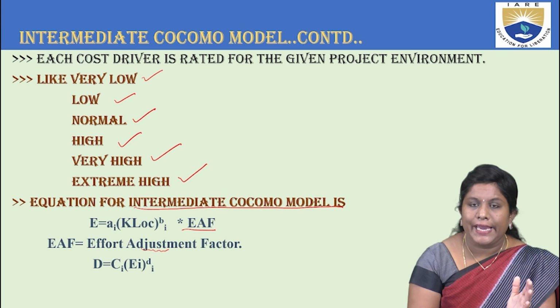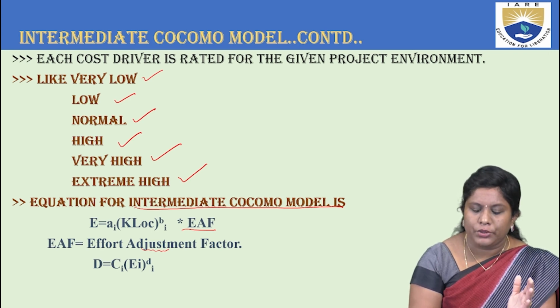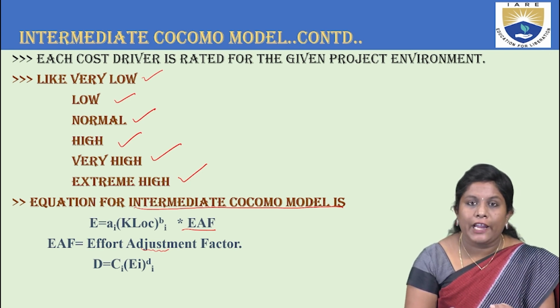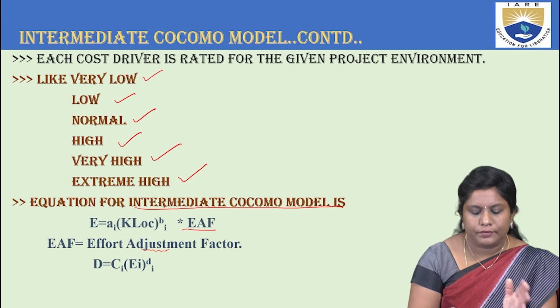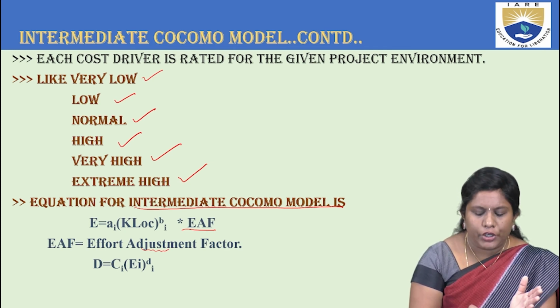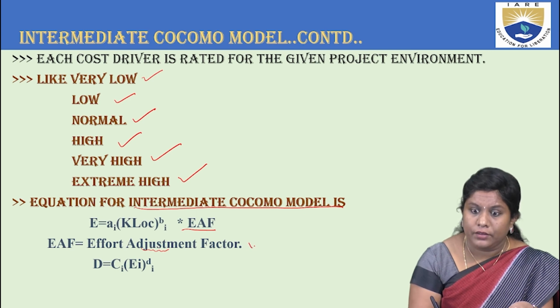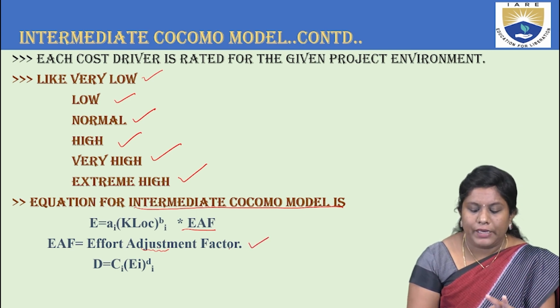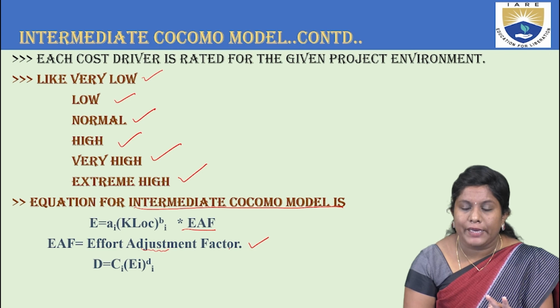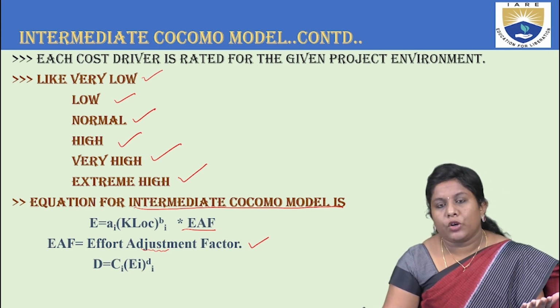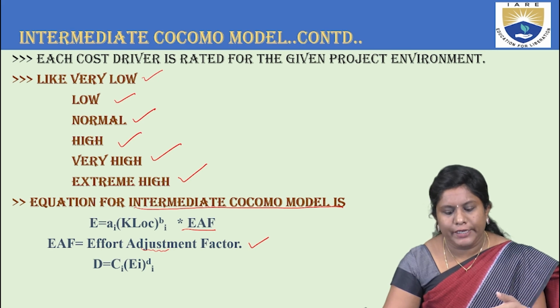Now, once this EAF is known, you need to substitute them into the relevant things where AI and BI are again coefficients where the values will be given. KLOC also will be given in the question itself, and then you will calculate the EAF, right? EAF will be given, K lines of code will be given, AI and BI are the coefficients that we will be taking from the table.